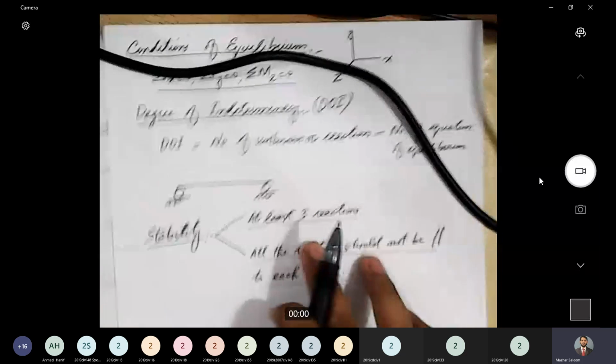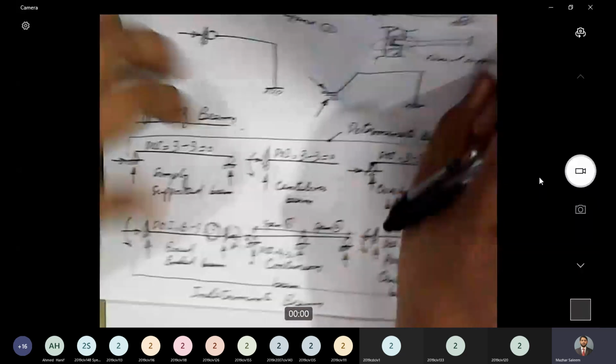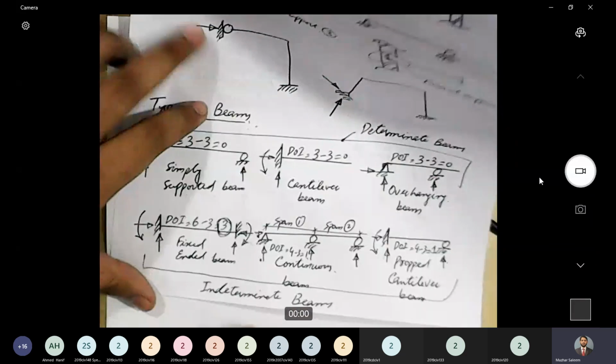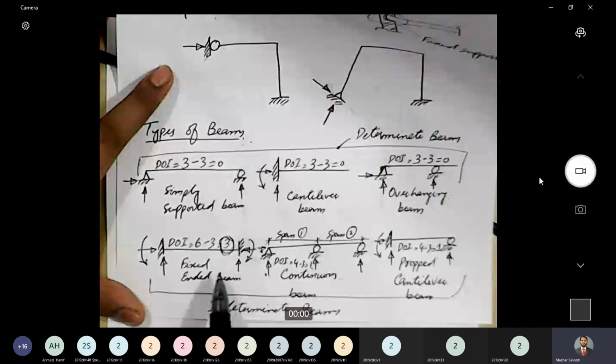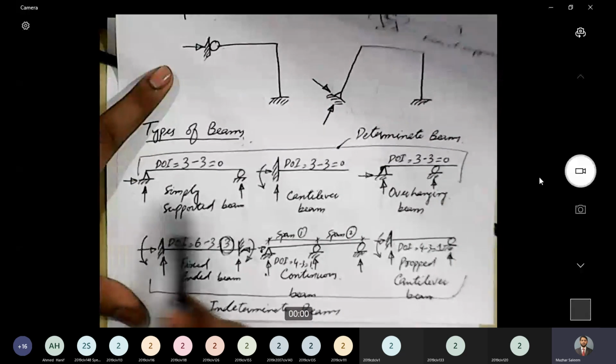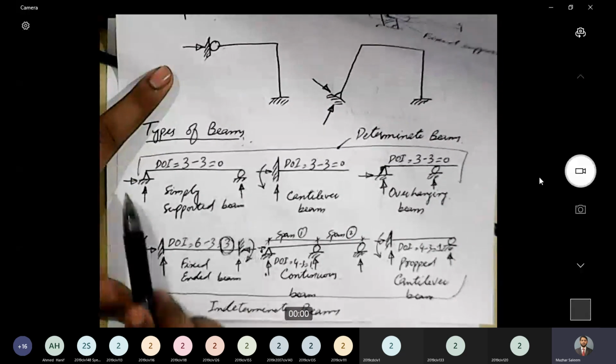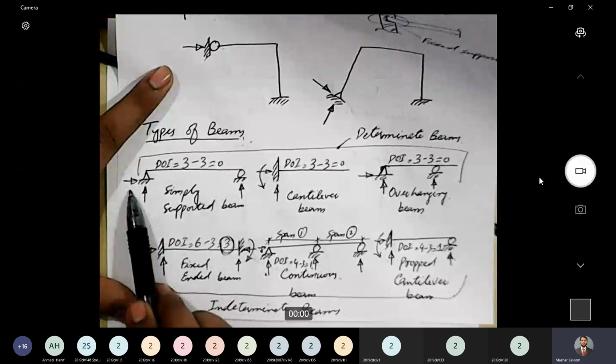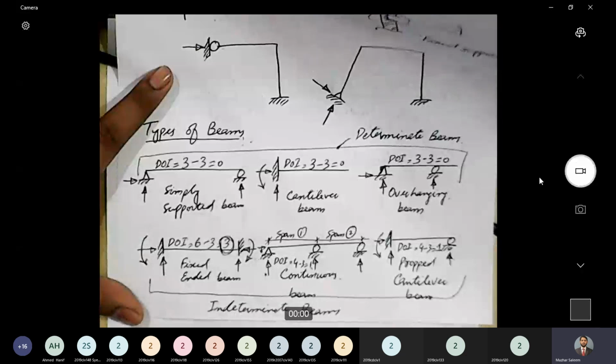Now let's look at these examples, these types of beams that we just discussed, to see whether all these beams are stable or not. We have 1, 2, 3 reactions. These two are parallel. The third one is not parallel. So this beam is stable.